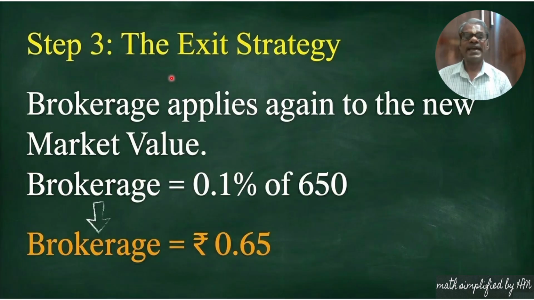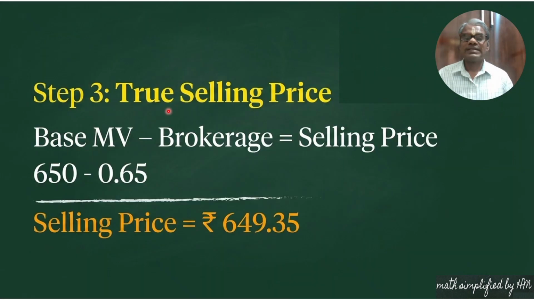Step 3: the exit strategy. Brokerage applies again to the new market value. Brokerage is equal to 0.1% of 650. Brokerage is equal to rupees 0.65 per share. Step 3: true selling price.